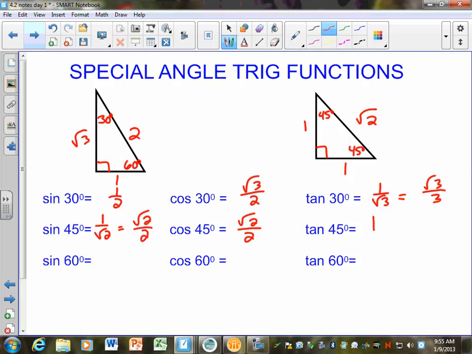60 degrees, we're back over here in our 30, 60, 90, and you should see something happening here. If I take the sine of this, that's opposite over hypotenuse, and I think you should get the square root of 3 over 2. Cosine of 60 degrees is adjacent over hypotenuse, which is 1/2. You notice that these switch on the 30 and the 60.